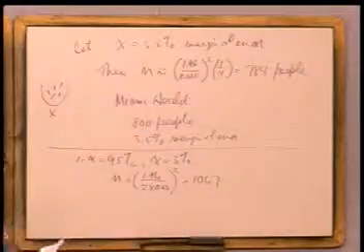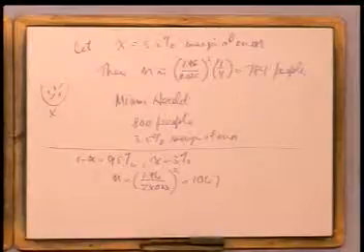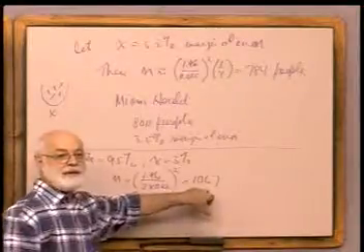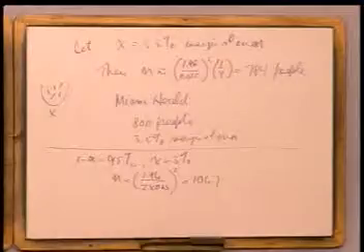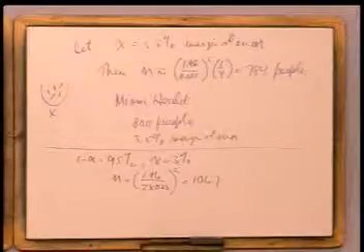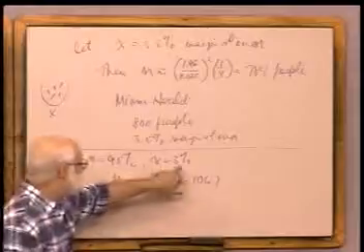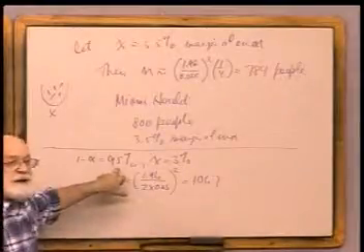So if you compare these two, you can see that 1,036 people and 1,067 people, that's roughly the same number of people. So for the same number of people, I could interpret the results as being within 4 percentage points with probability 99%, or being within 3 percentage points with probability 95%.